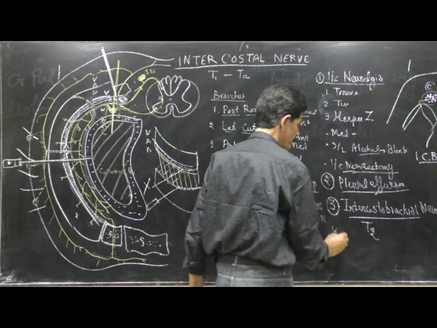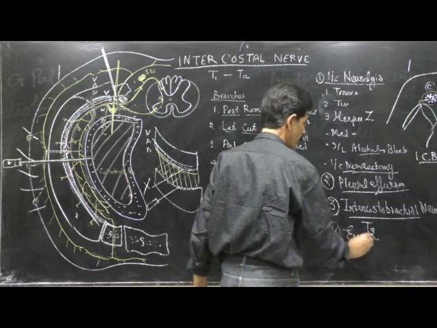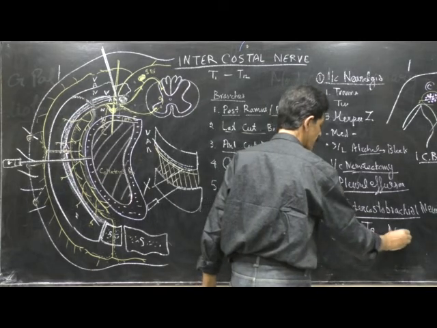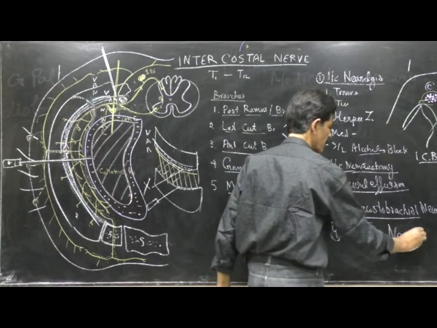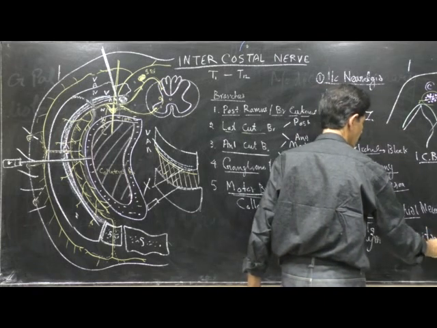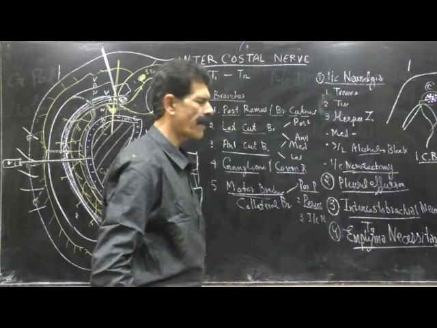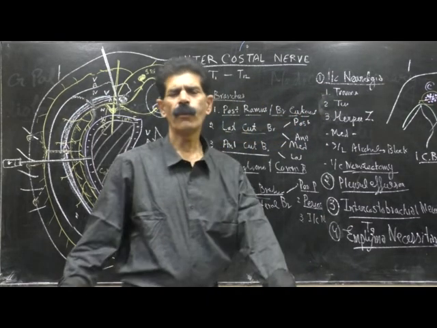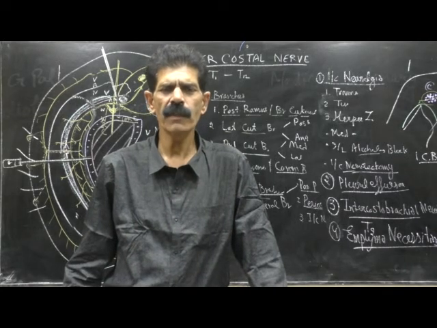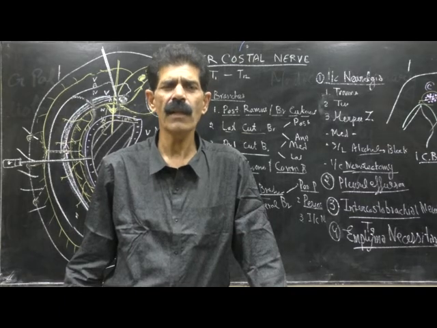Then comes the empyema necessitans. In the empyema necessitans, what happens? There is bone TB or bone tuberculosis of the thoracic vertebrae, which is very common in the lower thoracic and the upper lumbar vertebrae.